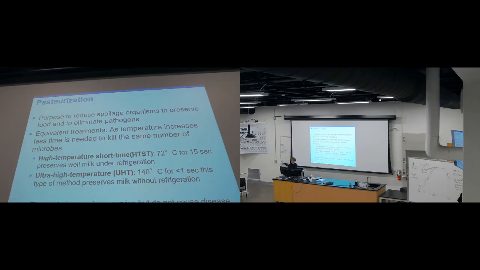So, pasteurization is a physical method of control of microbial growth by putting items that people are going to consume, like maybe juice, milk, into a high temperature for a short period of time, and then dropping this temperature suddenly.